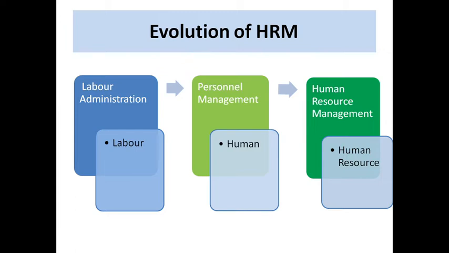If the working conditions or opportunities are provided to them, they are able to give their maximum. And this human resource need not be directed because they love their job and they are self-directed and self-controlled. So this is the evolution of human resource management.